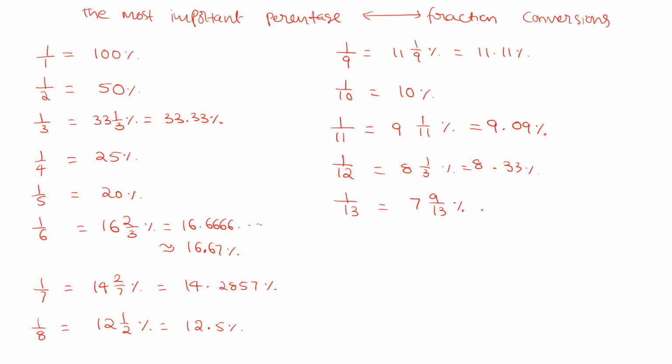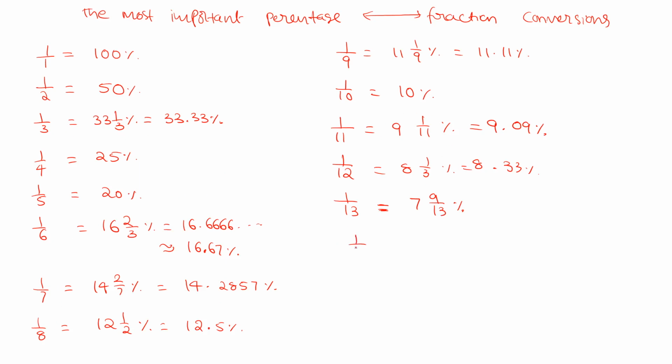And the decimal values of 1 by 13 and some other fractions are not going to be used often in the examination. So just remember the fractions which are very important, that is 1 upon 3, 1 upon 7, 1 upon 8 and so on.